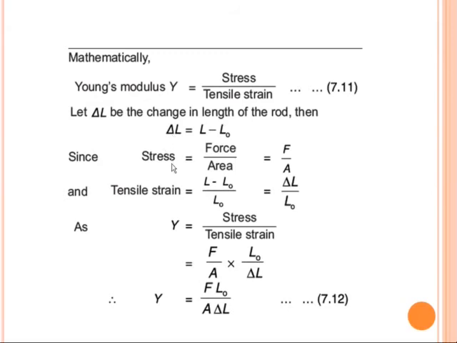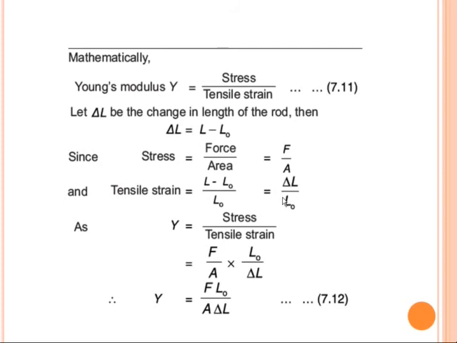As we already know, stress is equal to force per area, that is F divided by A. And tensile strain is change in length divided by original length. Change in length is represented by L minus L0, and original length is L0.